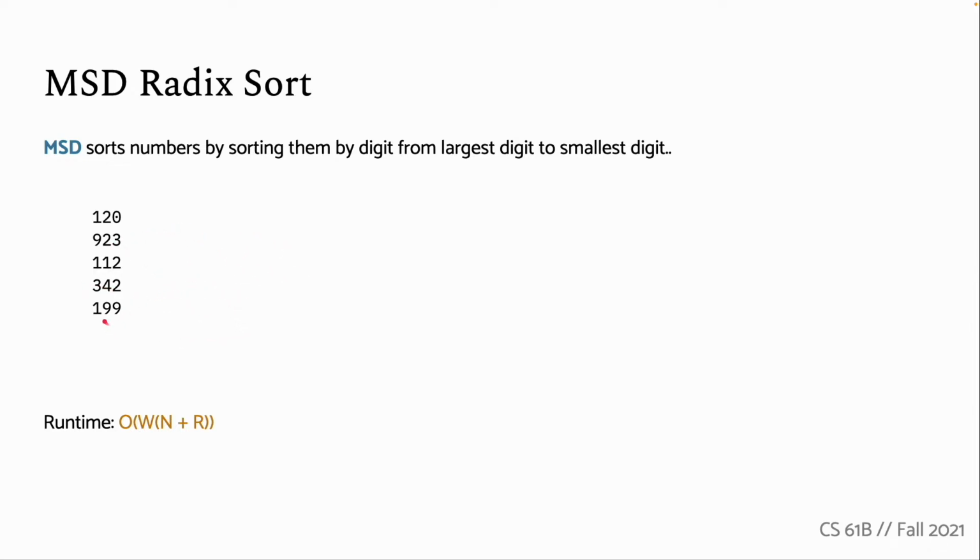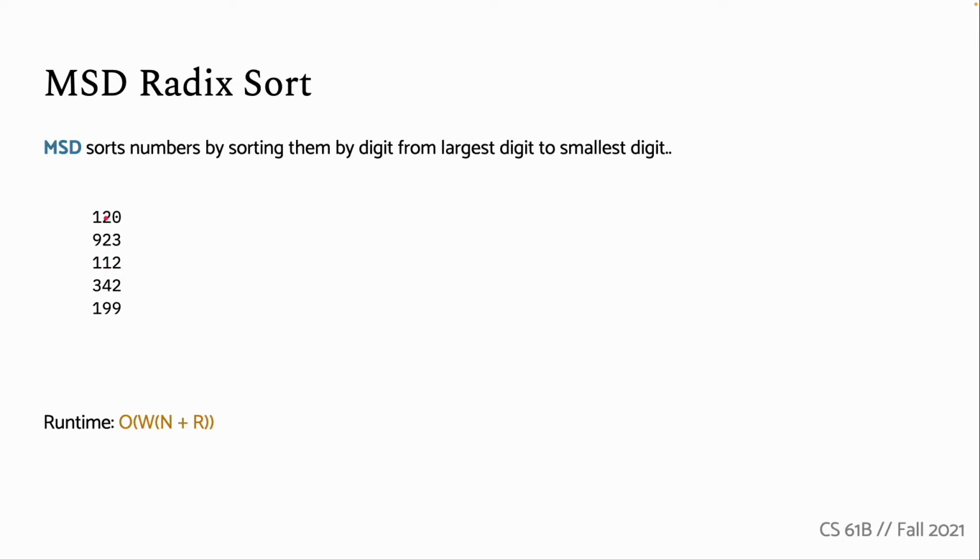Now, when we sort by our second most significant digit, we're not going to be allowed to cross over between buckets because that'll mess us up, right? We know that 342 and 923 are definitely bigger than anything in the bucket that starts with a 1. Within that one bucket, we're going to sort by our second most significant digit. Once we've done that, 112 and 120, because their second digits are different, you can't cross them over.